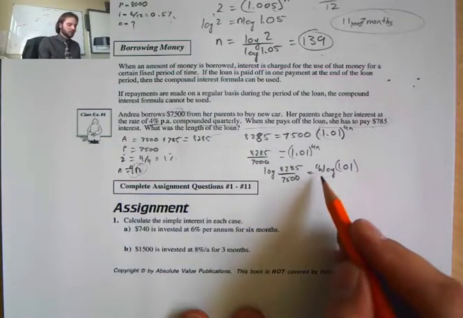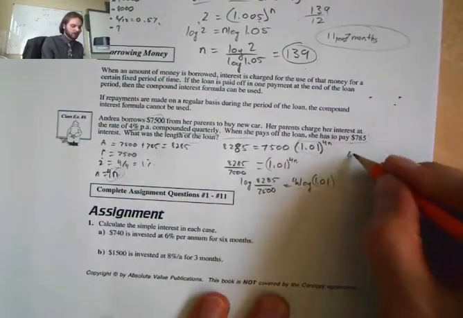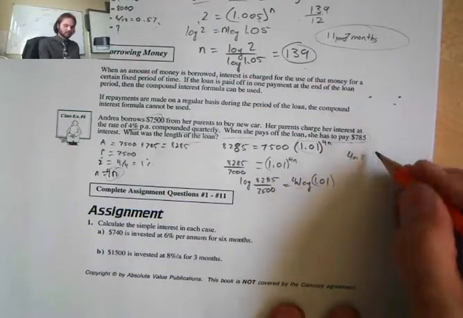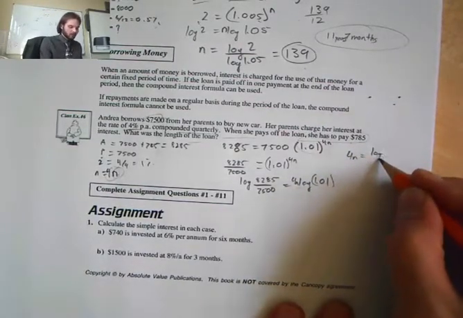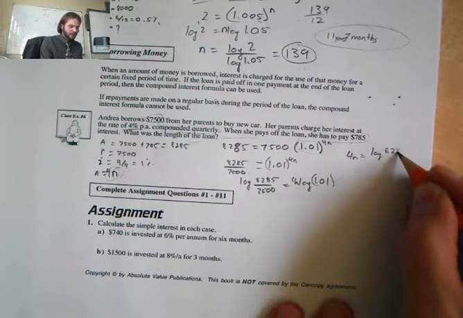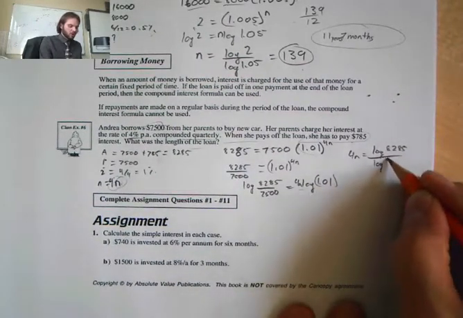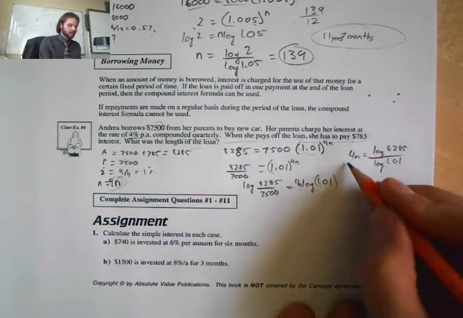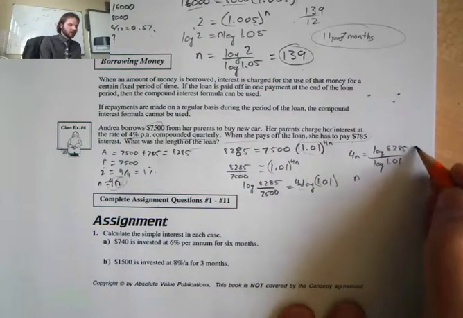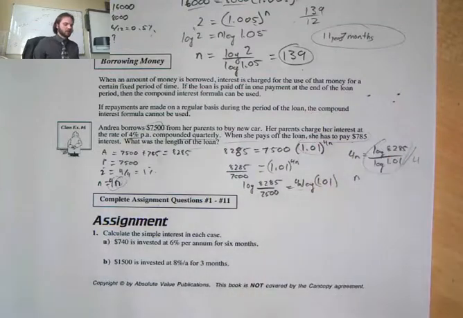Now I'm going to divide both sides by log 1.01, so I have 4n is equal to log 8285 over 7500, divided by log 1.01. And I have to divide all this by 4. Whatever that answer is, I'm going to divide it by 4.